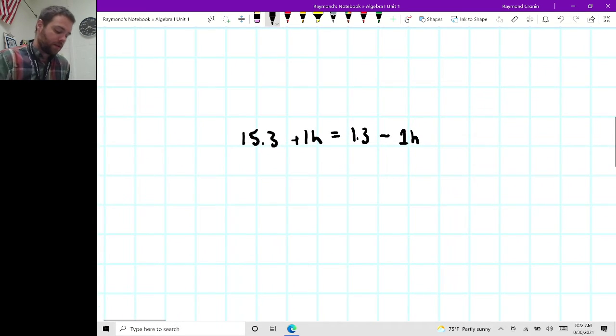Okay? So I want to solve for h in this equation, but I've got decimals, so that's going to slow me down a little bit, but all I have to do is follow the pattern.